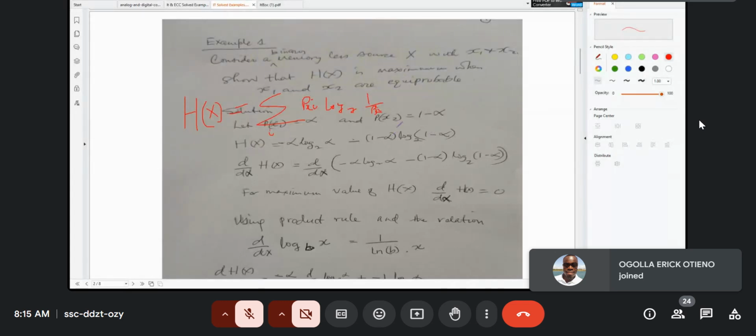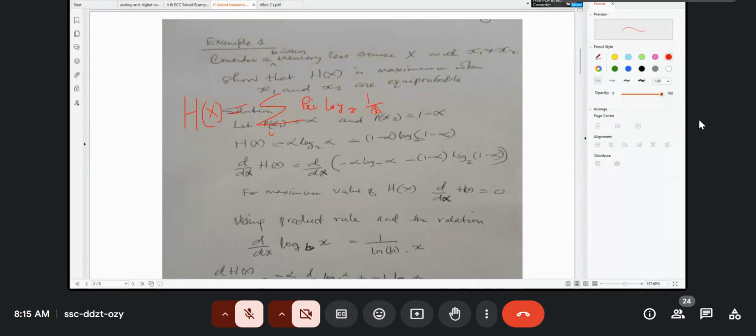Now, what we are trying to get is what maximizes H(x). What we can do is differentiate H(x), because for the maximum value of H(x), d/dx of H(x) is equal to 0. The maximum is when the gradient is 0.